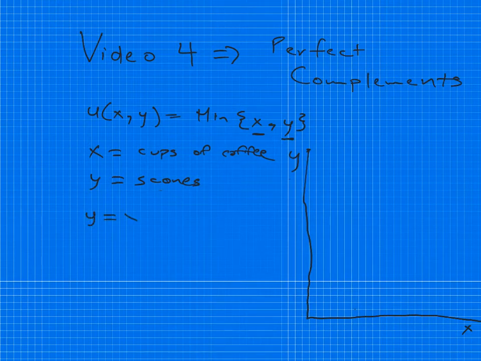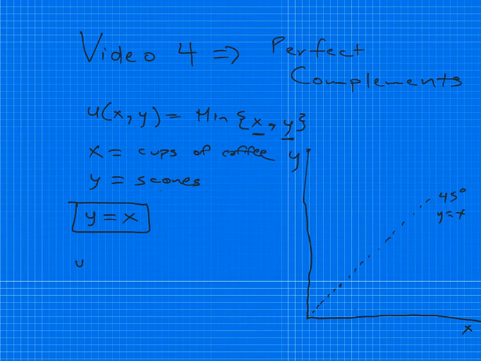In other words, the line y equals x is going to help us to describe where all of the corners of the indifference curves that we might sketch in will be located. So that's actually going to be the 45-degree line, or y equals x.